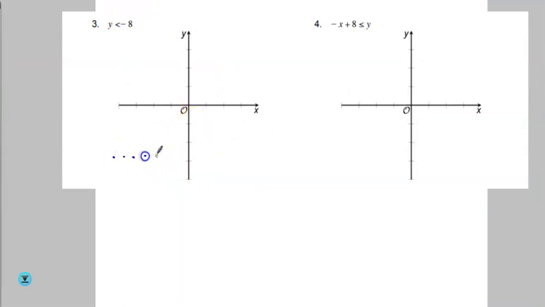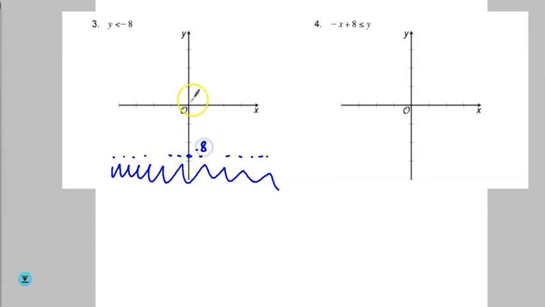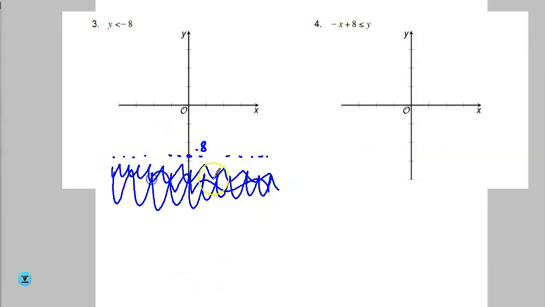That's below that, where this point is -8. Since this graph doesn't go, we're not going to count this as 1, 2, 3 because it'd be way down here. So just assume, but it'd be shaded below that. Everything below -8 doesn't matter what the x value is. X could be positive, negative, x could be 0. It's just y has to be less than -8.